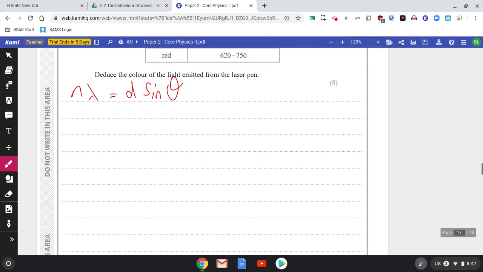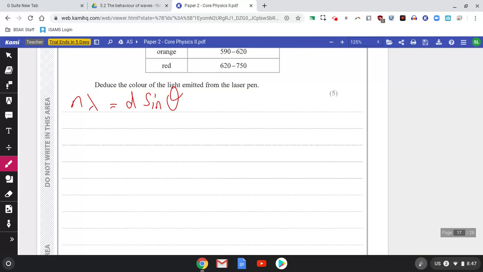So 200 lines per millimetre. So d is basically 1 millimetre, which is that in meters, divided by 200, because there's 200 of them.